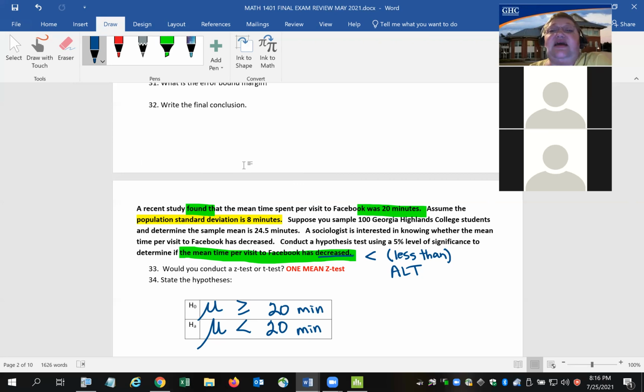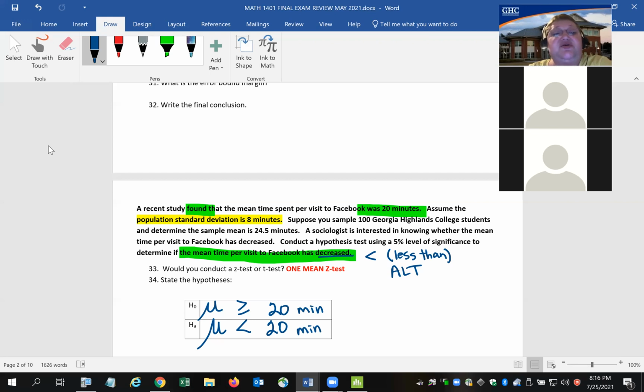If it's less than or greater than, it's a one-tail. It's only a two-tail when it's not equal. So this one would be a one-tailed test. I don't think that's something that I ask you anymore, because I don't necessarily need to know that for Minitab. Then it asks, what is the test statistic and the corresponding p-value?